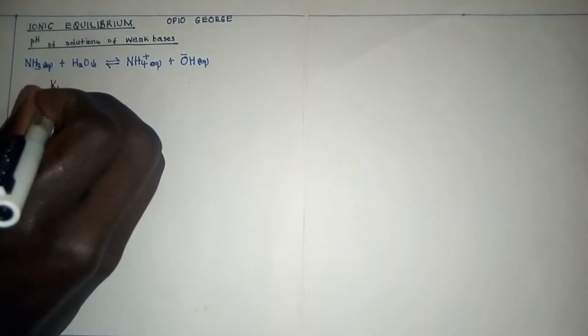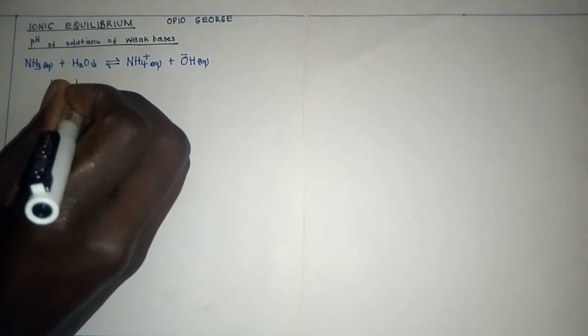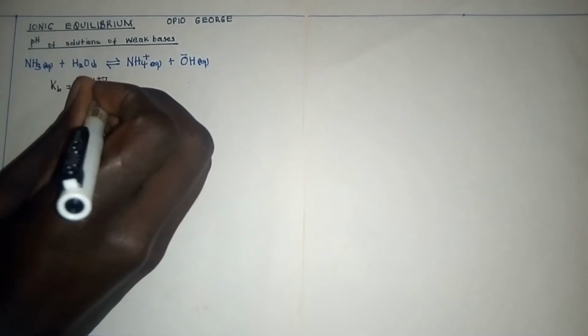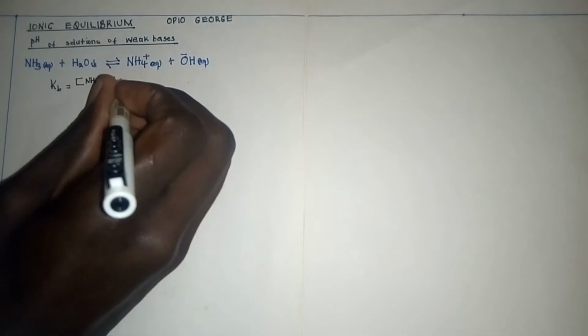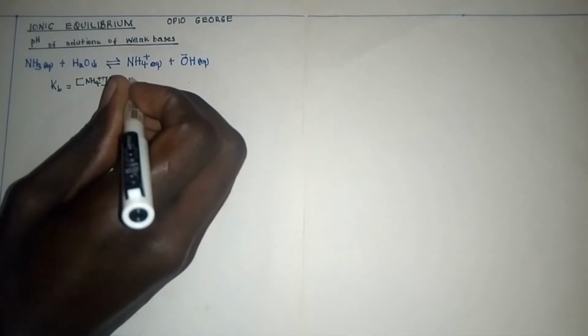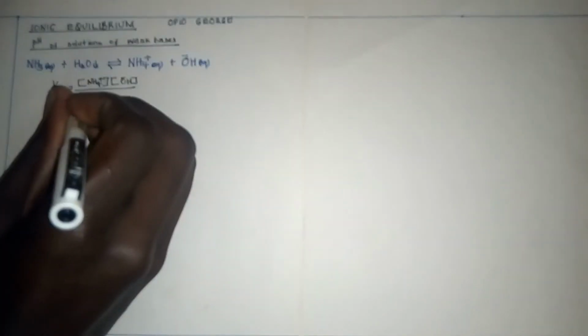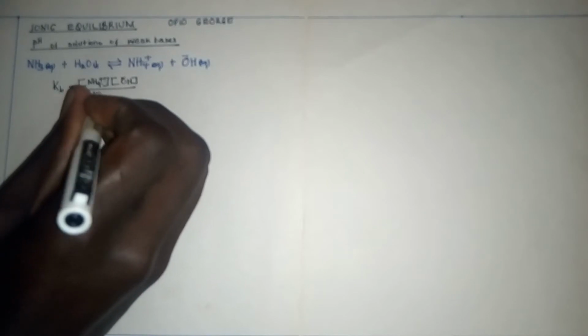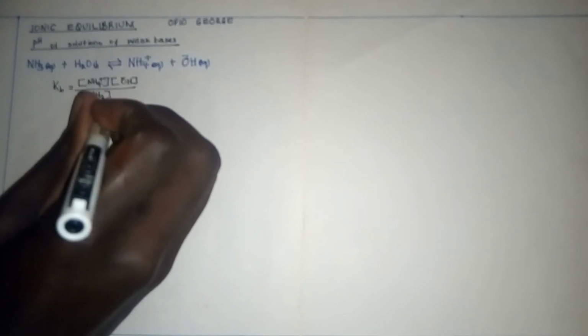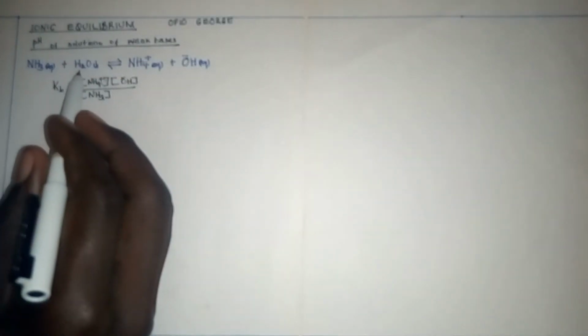We say Kb is given by the molar concentration of ammonium ions times the molar concentration of the hydroxyl ions, divided by the molar concentration of ammonia. Now you don't want to include the molar concentration of water because it is just taken to be a solvent and it is in excess, so there is no serious change in the concentration of water or in the amount of water.